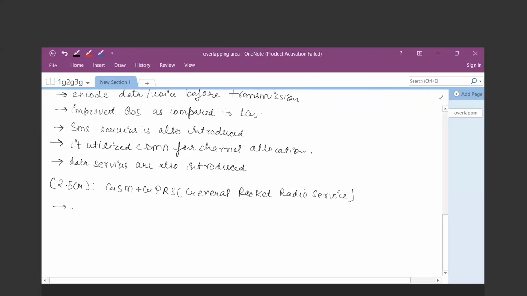The first one is that it does not utilize circuit switching technology, it utilizes packet switching technology.